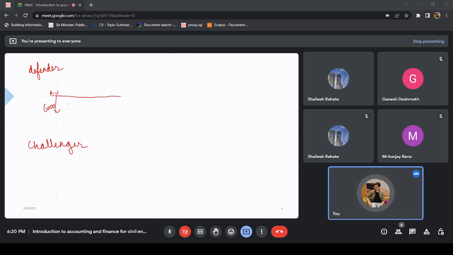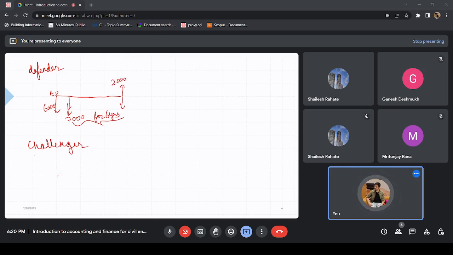You have got that its annual maintenance cost is 7,000. For how long? For 6 years, right? And at the end of 6 years the salvage value is 2000.